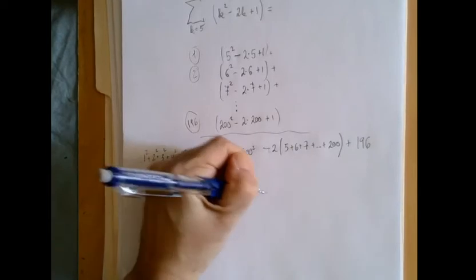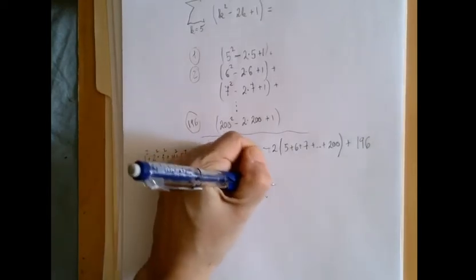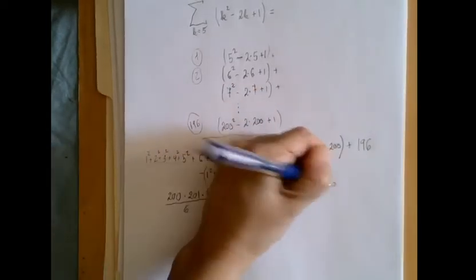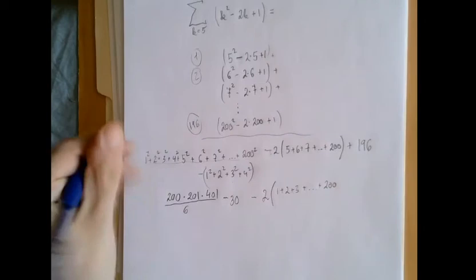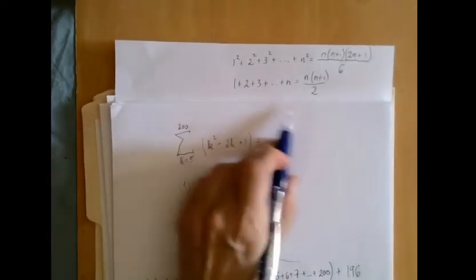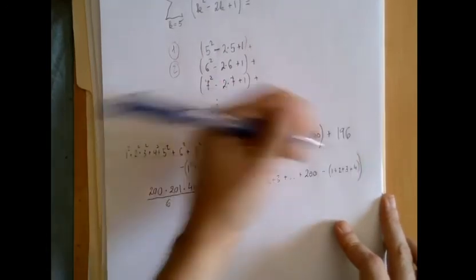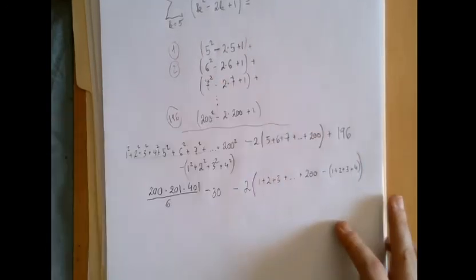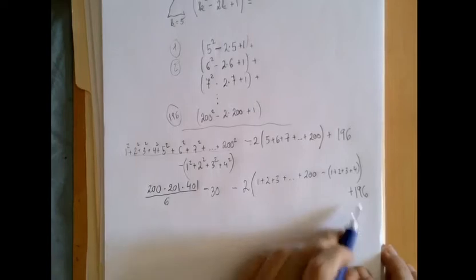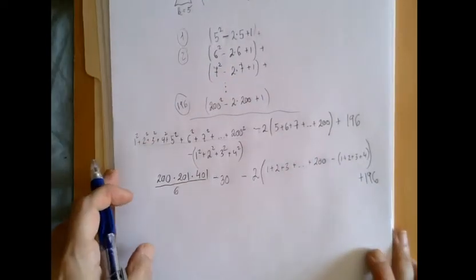And then the second column, we're going to apply the same trick. So we're going to compute not 5 plus 6 plus, but 1 plus 2 plus 3 plus all the way till 200. Because the formula that we can use always starts from 1. And then when we're done, we subtract that extra 1 plus 2 plus 3 plus 4. And then let's not forget the third column, which we already figured out.